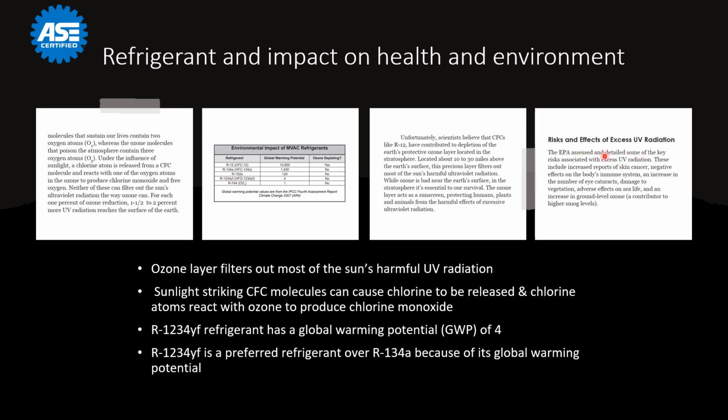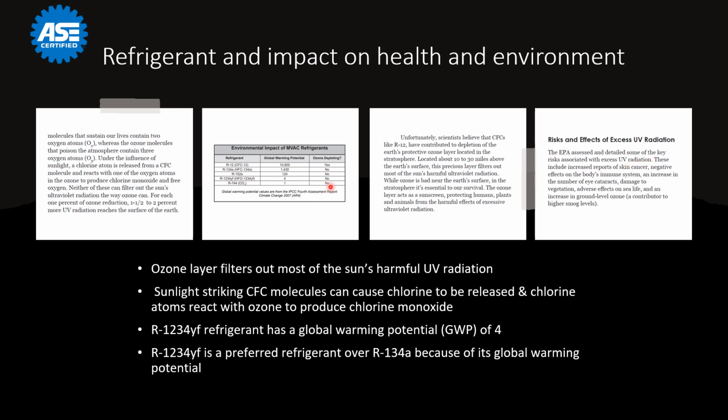It has negative effects on the body's immune system. It could increase the number of eye cataracts, and cause damage to vegetation and adverse effects on sea life. And then it also causes higher smog levels. So that's about the ozone layer, and what happens when it gets depleted and creates higher ultraviolet radiation.